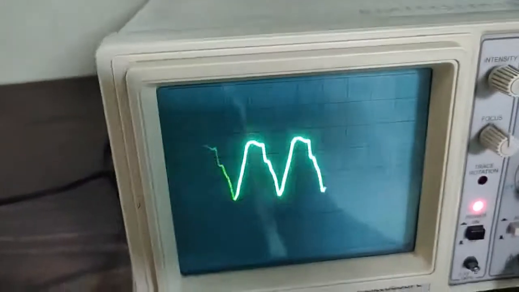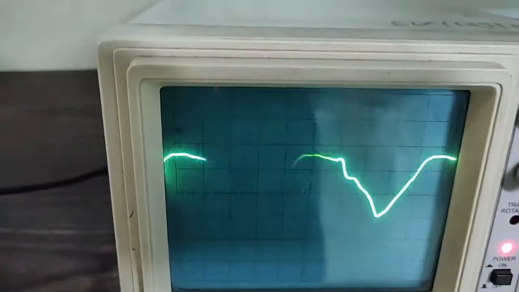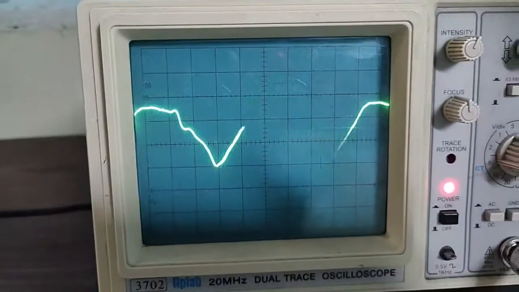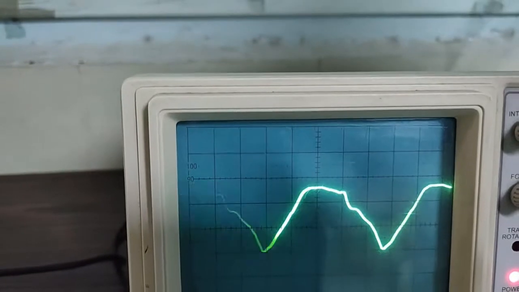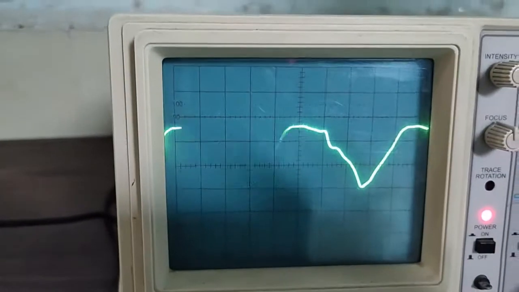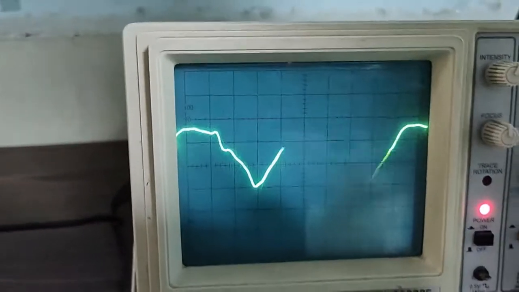Now if you observe, this waveform is continuously moving, because if you compare the result of your full wave rectifier with center tap type of transformer and the half wave rectifier, for the half wave rectifier our input is in kilohertz, that is 1.5 kilohertz. That's why it is possible to make a stationary waveform.